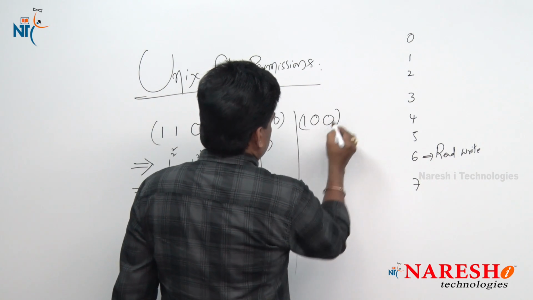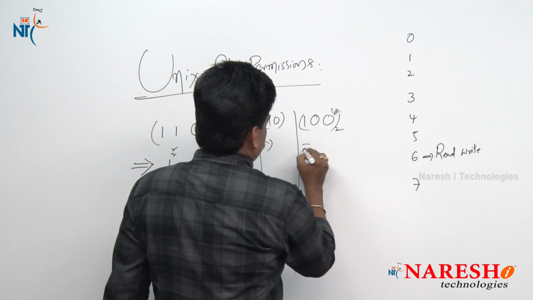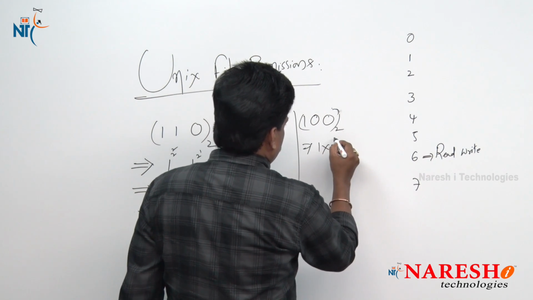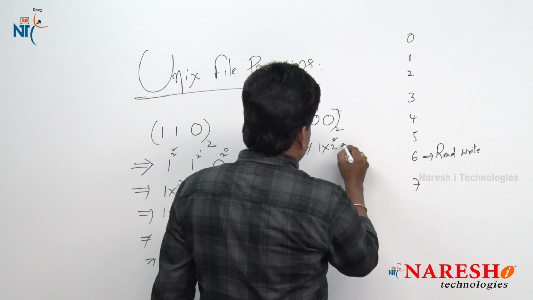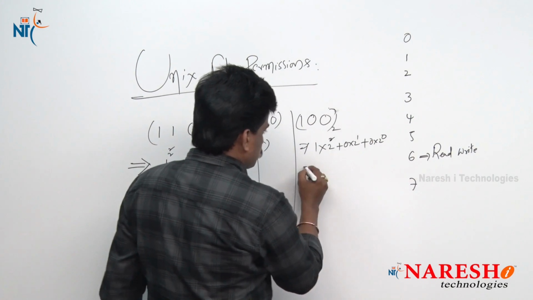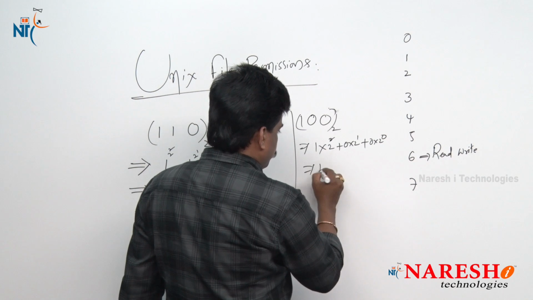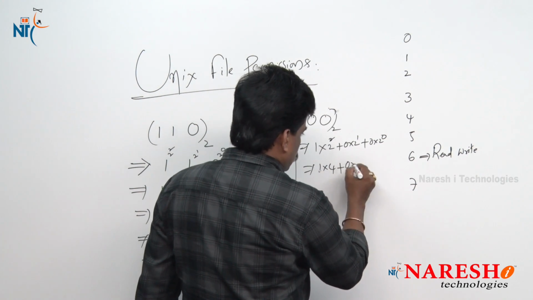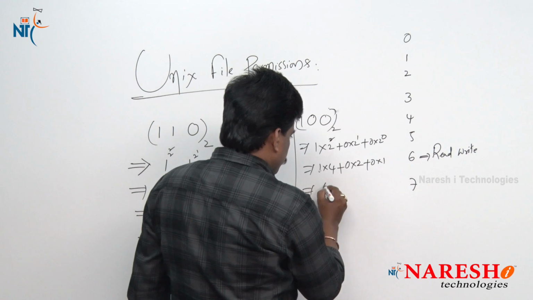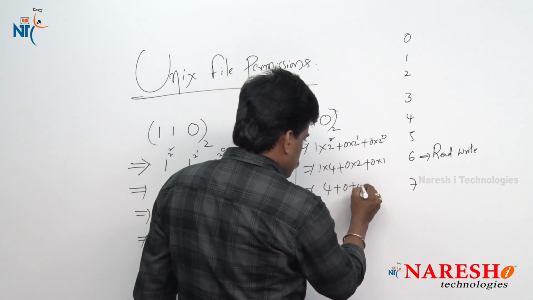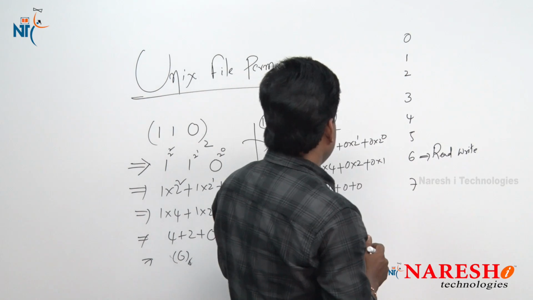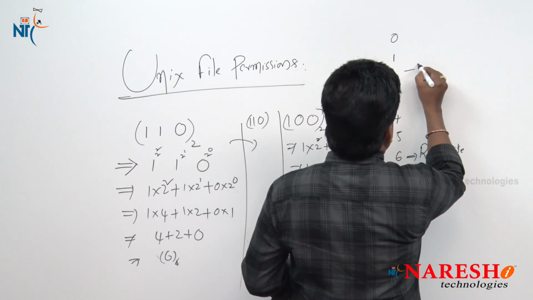We write 1 into 2 to the power of 2 plus 0 into 2 to the power of 1 plus 0 into 2 to the power of 0. That is 1 into 4 plus 0 into 2 plus 0 into 1, so 4 plus 0 plus 0. So 4 is the octal number, and for 4 we write only read.